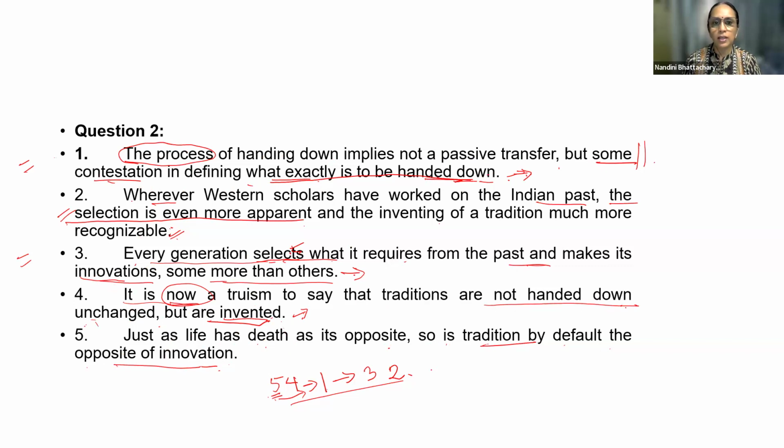Every generation selects what it requires from the past and makes its innovations, some more than the others. Fits in perfectly. Wherever Western scholars have worked on the Indian past, the selection is even more apparent. So here, every generation selects and then 2, this becomes a mandatory pair. But this is talking about selection, and here selection becomes even more apparent, and the inventing of a tradition much more recognizable. So that's your answer.